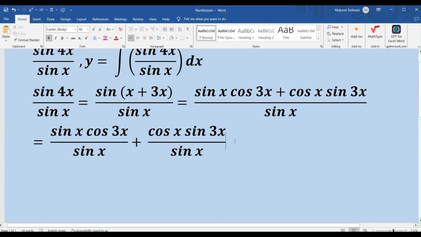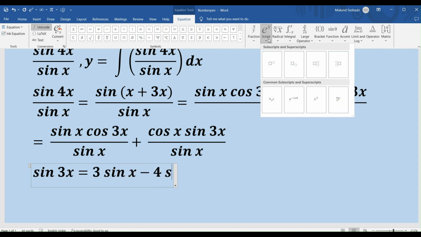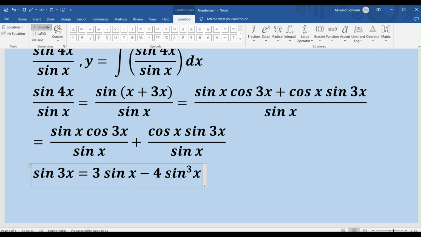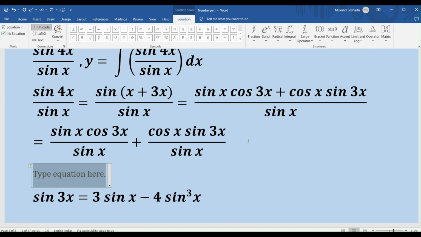For the second expression, I'm going to use an identity which we learned in trigonometry, which is nothing but sine 3x equal to 3 sine x minus 4 times sine cube x, right? Why am I using this particular identity? Because if I use this identity, I know that I can cancel out the sine x above, right? And let me see what I get using this particular expression.